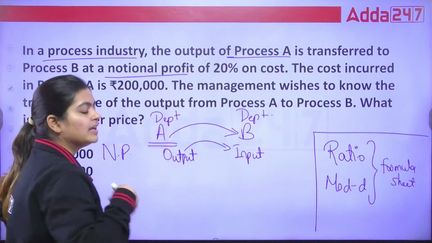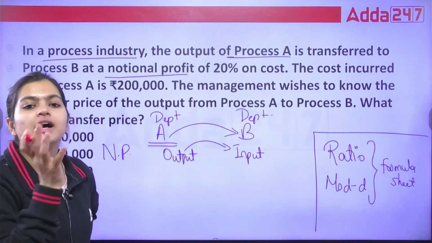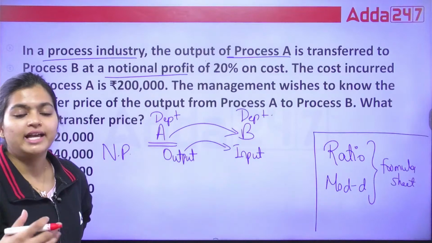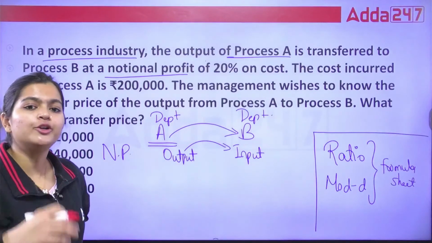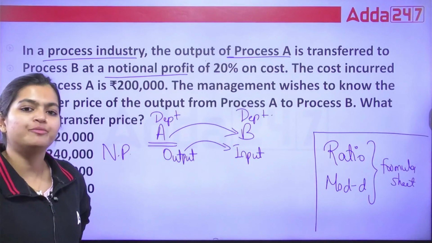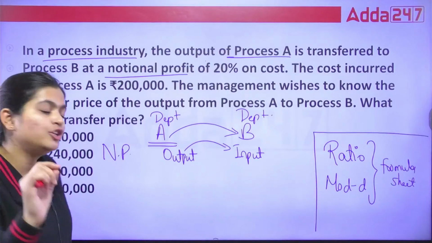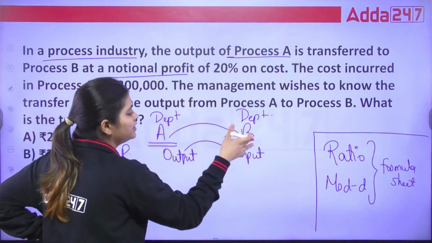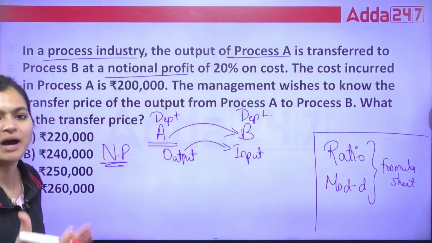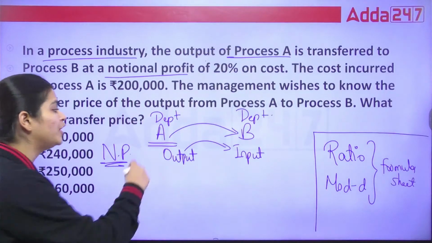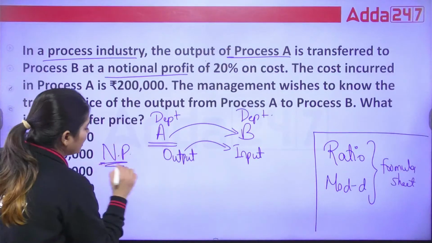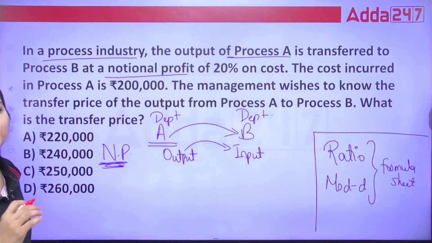They need to show how much profit they are earning. But that is not a true profit calculated through your financial statements. This is your notional profit. When one department transfers its goods to the next department for further processing, we need to add notional profit.